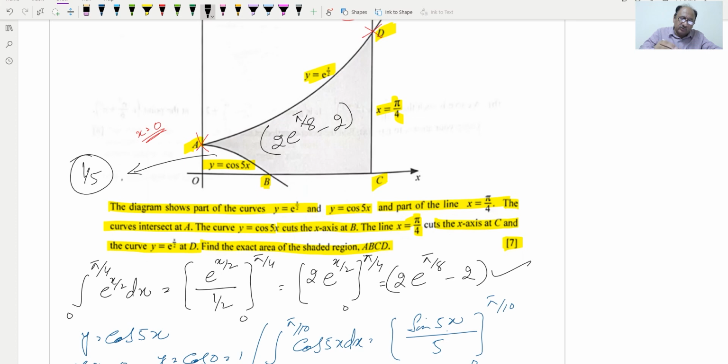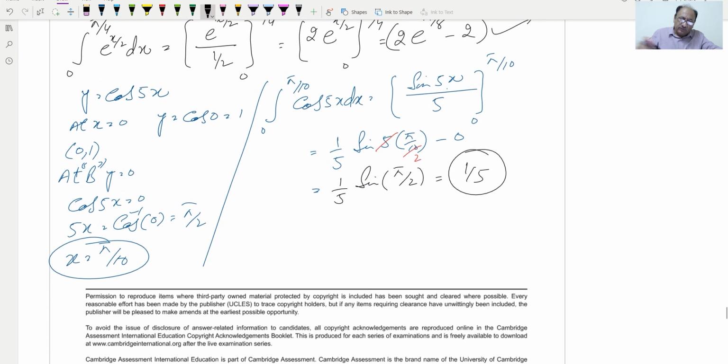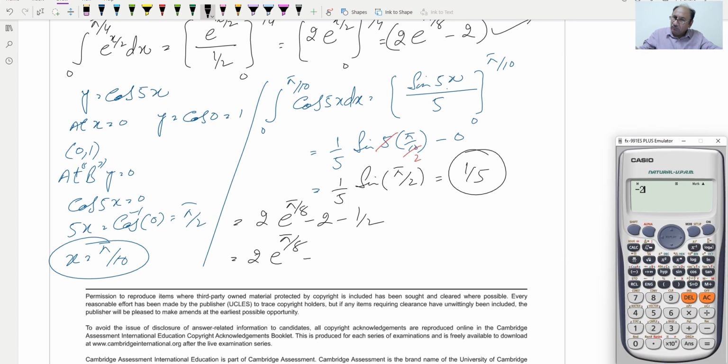So from this we will subtract: 2 e raised to the power pi by 8 minus 2 minus 1 by 5.